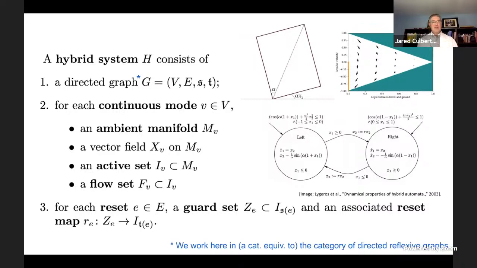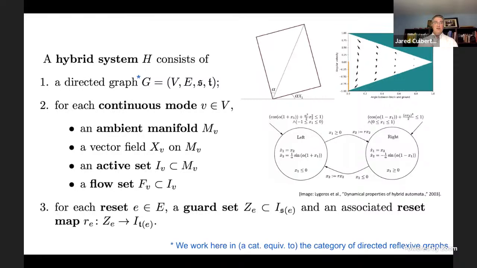And so you have this underlying directed graph, and then at each node of the graph, you're going to have a continuous flow. A hybrid system is really one in which you're mixing both the continuous flows and the discrete flows.